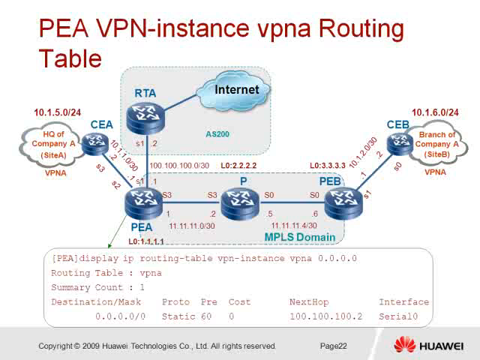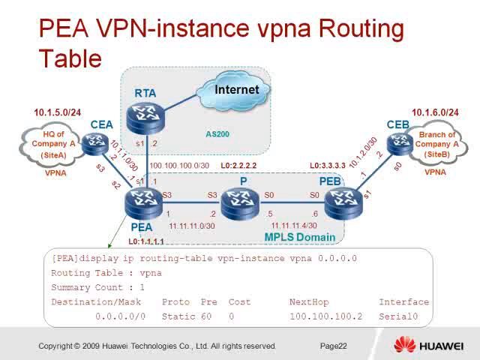Now, using the command display ip routing-table vpn-instance VPNA on PEA, we can see that there is a default route whose next hop is RTA in VPN instance VPNA. When all the configurations above are achieved, the packet to the Internet from the user of CEA will be forwarded correctly.